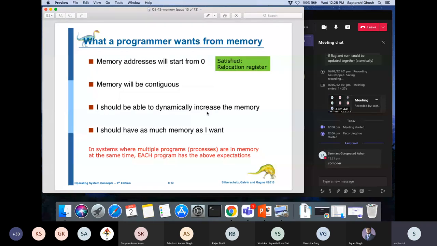So by this simple scheme of having a relocation register, we can satisfy one of the expectations of the programmer, that memory addresses will start from 0. Now the programmer can write programs considering that the memory address starts from 0, and even the compiler can generate code considering that the memory address will start from 0. However, actually it will be mapped to a physical address later by use of a relocation register.